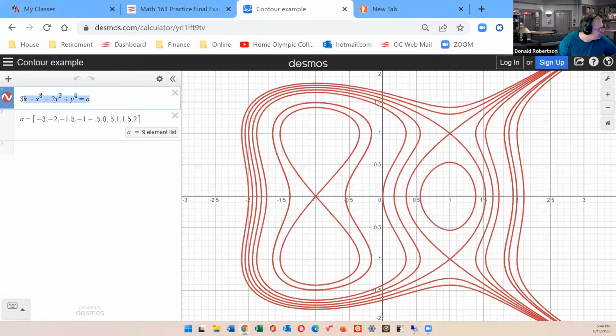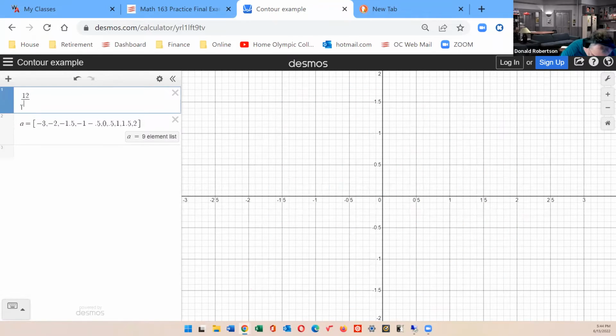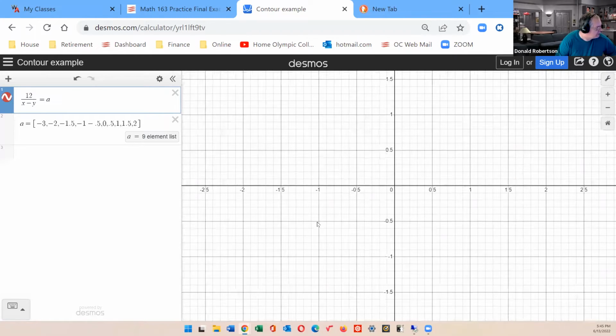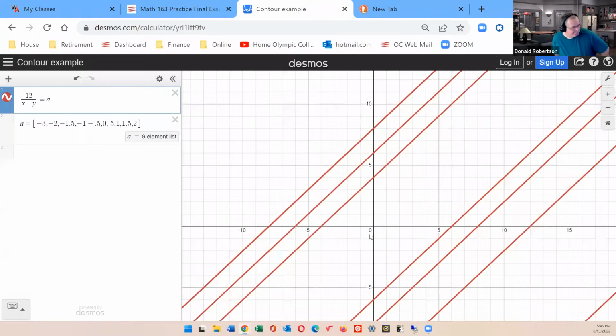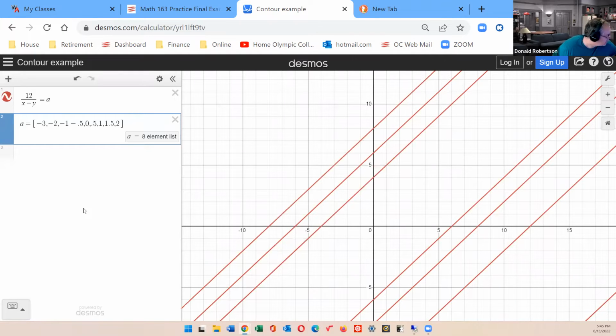So I should be able to just rub this out and put in 12 divided by x take away y. What's wrong? Oh, equals. There we go. Now, if I zoom back, there you go. It's made up of a whole series of parallel lines. Now, I'm just going to choose a selection of these lines.